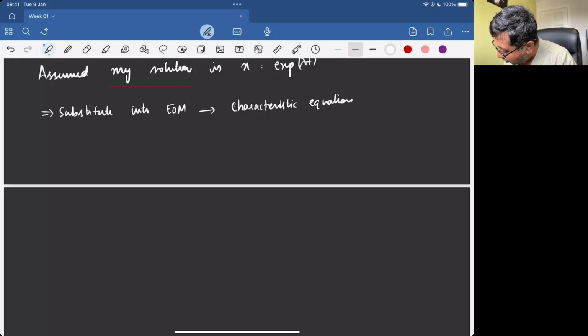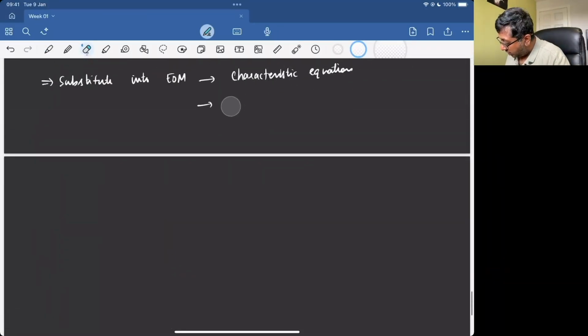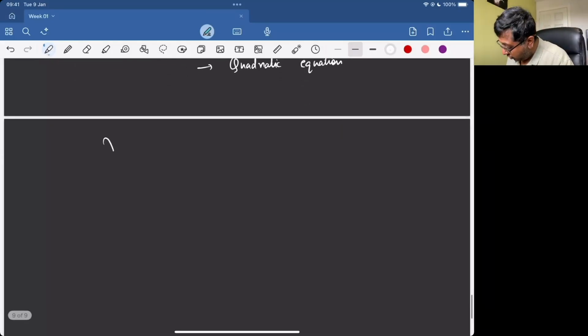You have also used this when you did second order quadratic equations, right? Which means I can have two solutions, lambda 1 comma 2, nothing but minus c over 2m plus or minus square root of c over 2m whole square minus k by m.